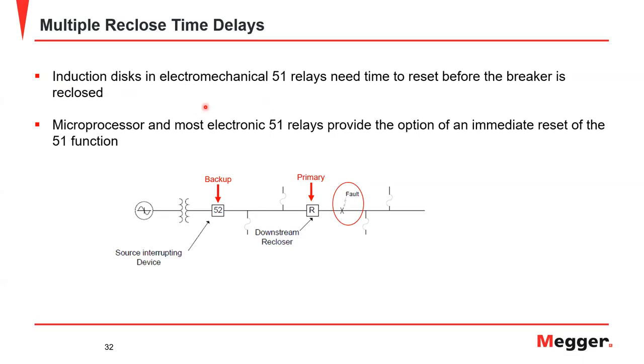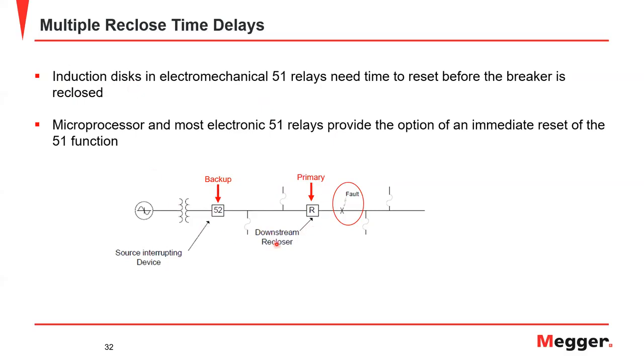If you don't allow enough time for the induction disk to reset before you reclose the recloser or reclose the breaker, the disk will tend to ratchet forward, meaning that if the fault restrikes, the disk begins to turn forward again, but it did not start from zero. It now has a shorter time before its actual trip time will expire.